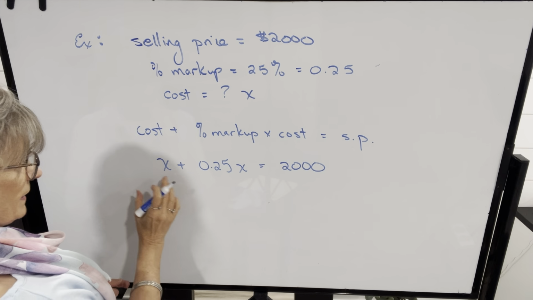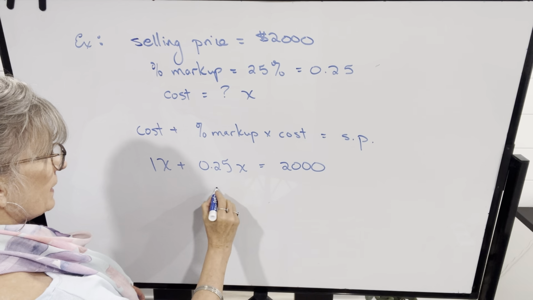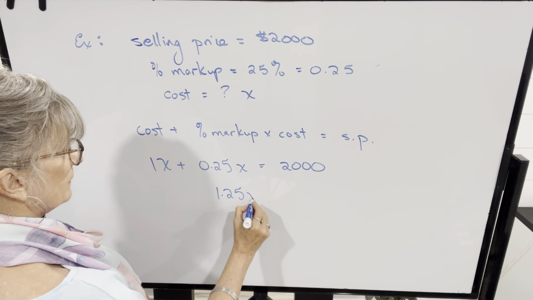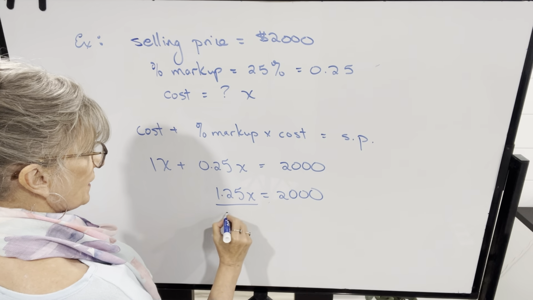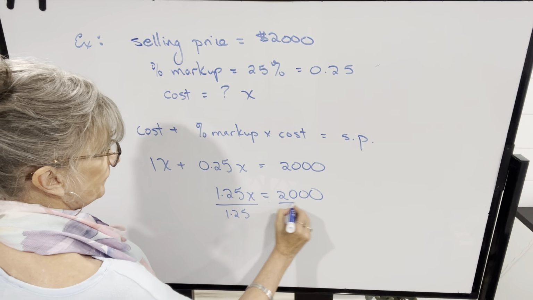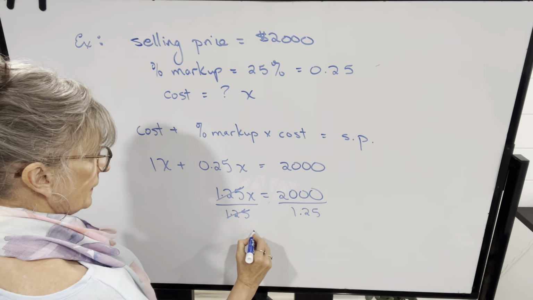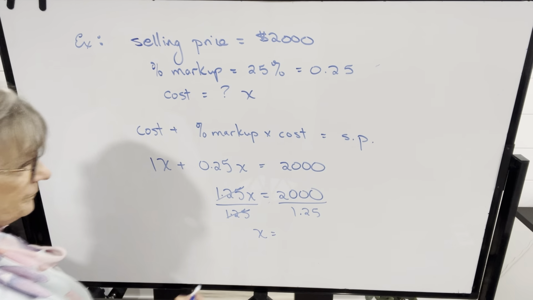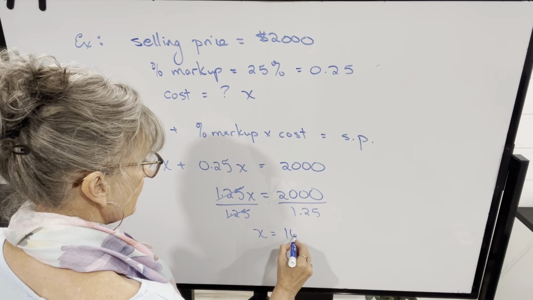Now to solve this, I'm going to add these two terms. This is like 1x. 1x plus 0.25x is 1.25x equals 2,000. Divide both sides by 1.25. That allows us to isolate x. 2,000 divided by 1.25 will be 1,600.